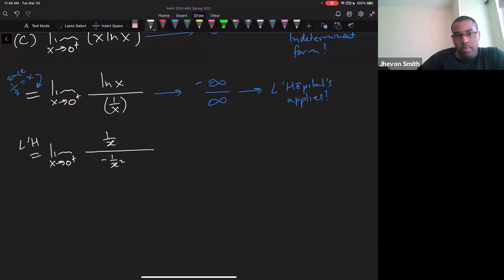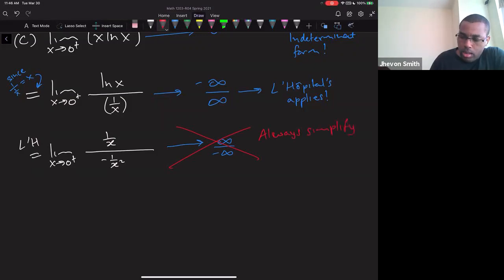Right? Now, you might be tempted to see that this is going to be infinity over negative infinity. But you shouldn't do that. Always simplify before considering L'Hopital's again.